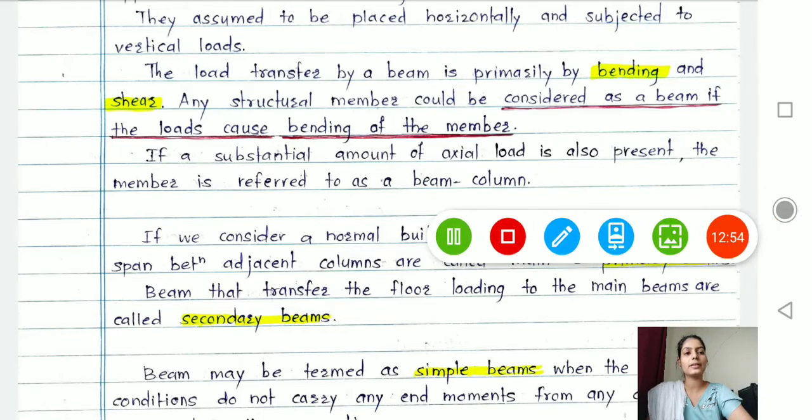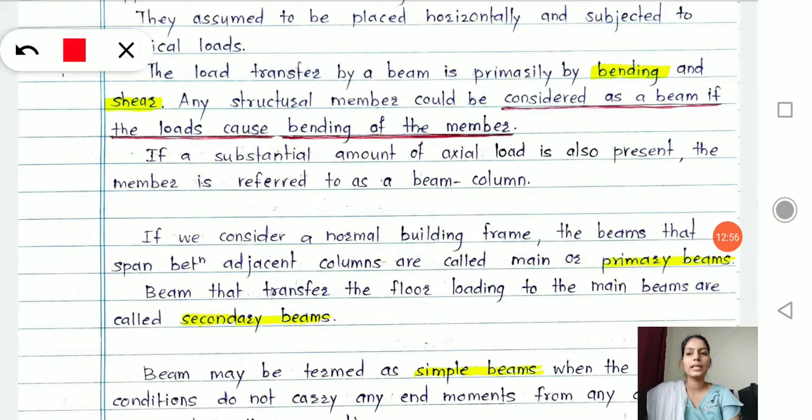Now I am discussing types of beams. Basically the types of beams are what I am talking about. A primary beam is based upon the place and how it is placed on the column. Where does it place on the slab? Is it spanning on the two columns? How is it spanning?